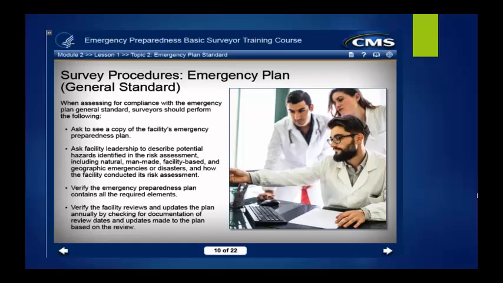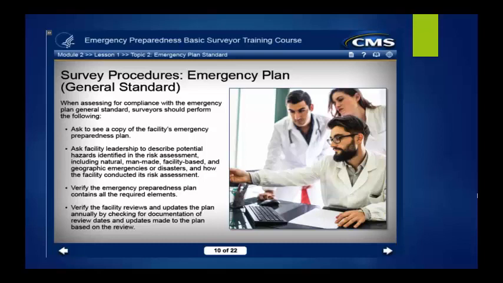They will also verify the emergency preparedness plan contains all of the required elements, and that the facility reviews and updates the plan annually. They'll be looking for documentation, review dates, and any updates made to that plan based on your review.